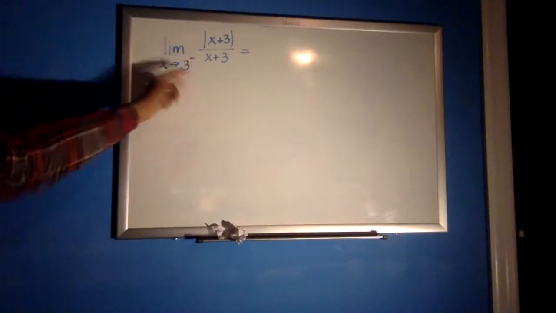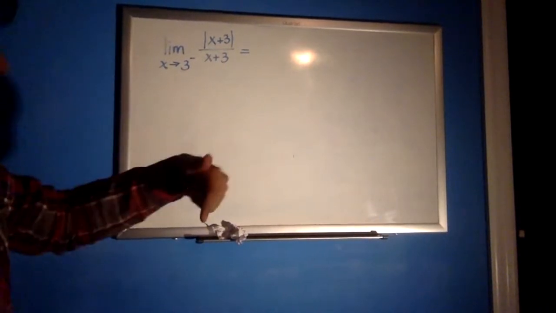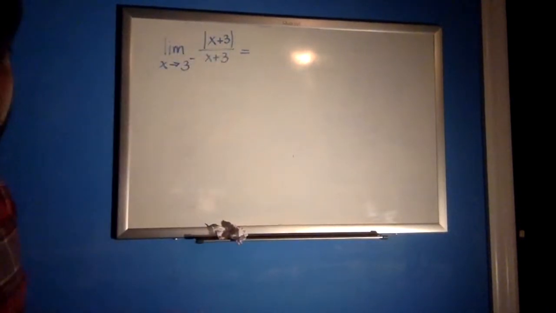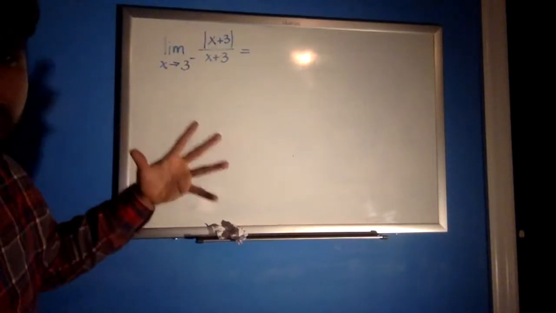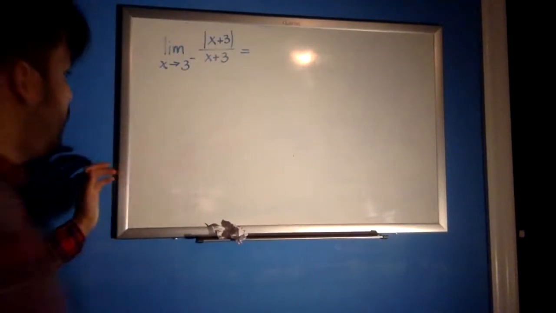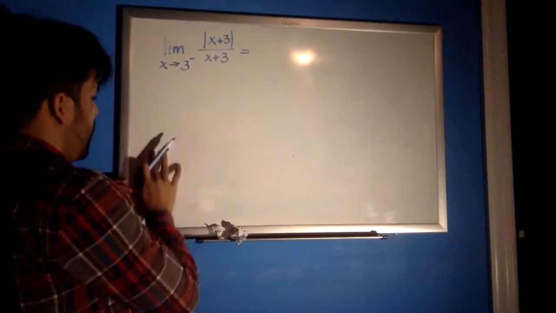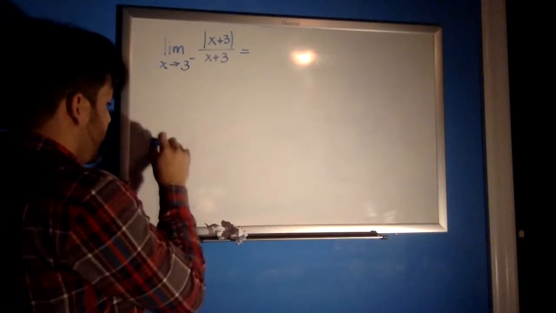Depending upon which side, whether on the left side or to the right side, it's going to affect what this absolute value is. That's why it's important to understand the absolute value is really a piecewise function. What is a piecewise function? So the absolute value of x plus 3, right?